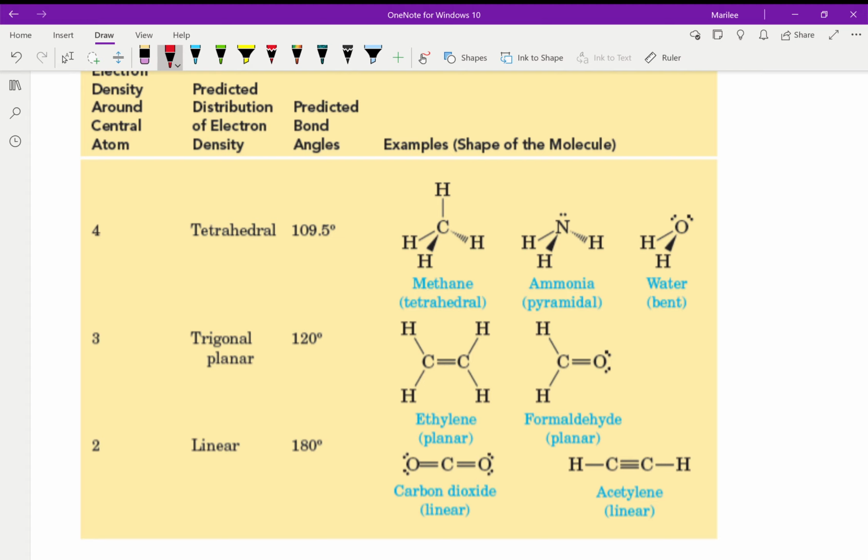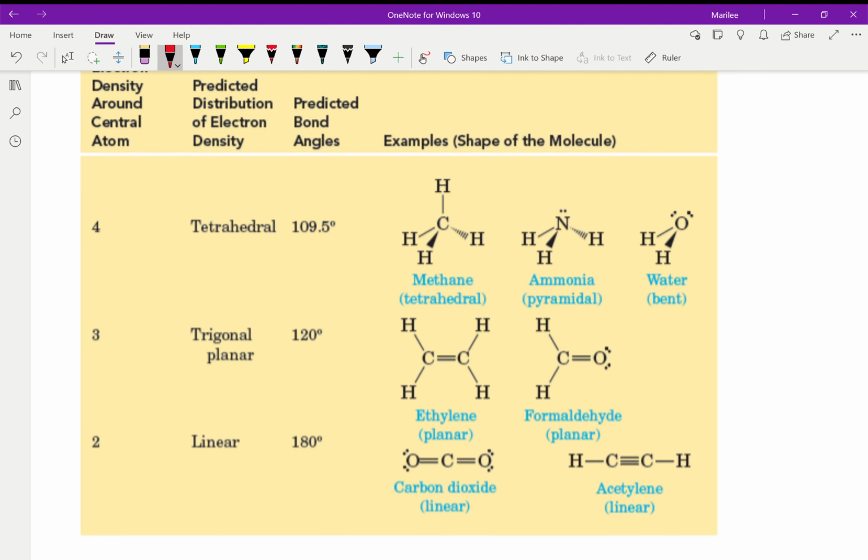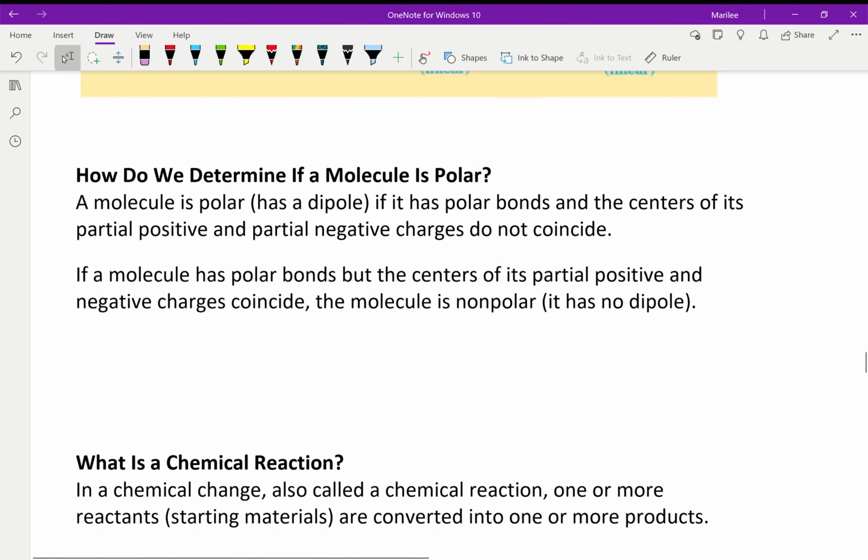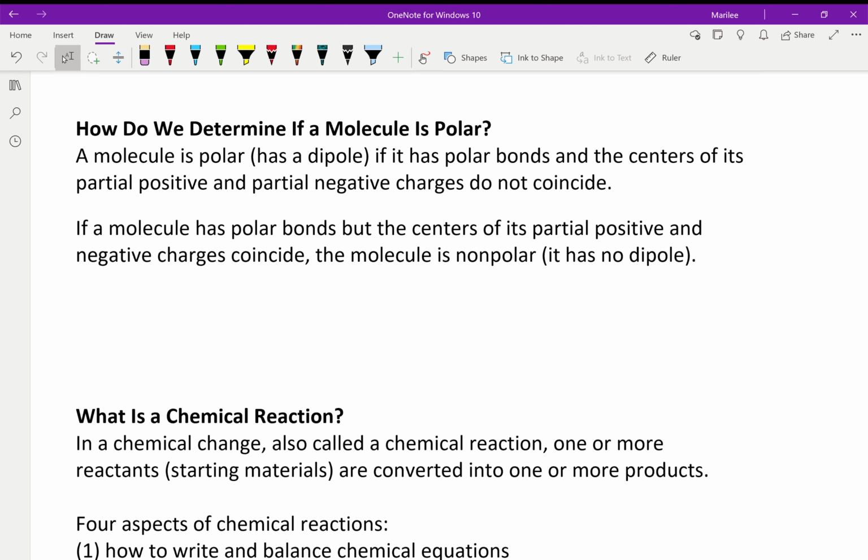Because of the 2 carbons being double bonded, we have a trigonal planar, and therefore the angles will be 120 degrees. And then lastly, we have carbon dioxide. You see how it's linear, so it's called a linear, and therefore it'll have the 180 degrees.